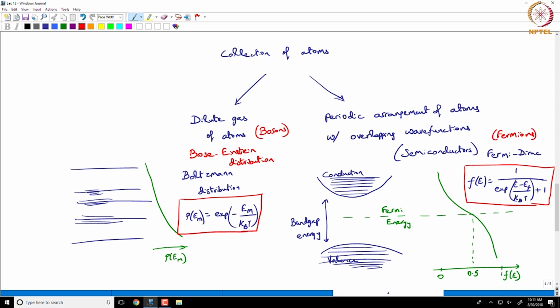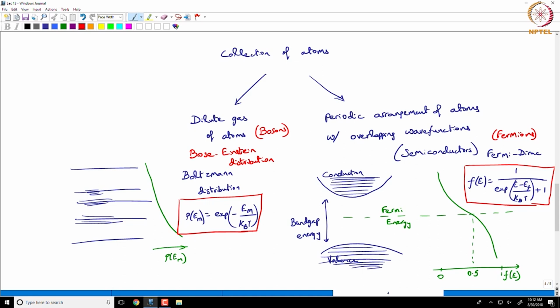So, somebody had this question about photons as bosons the other day. The particles that satisfy Fermi-Dirac distribution are called fermions, and the particles that satisfy Bose-Einstein distribution are called bosons.